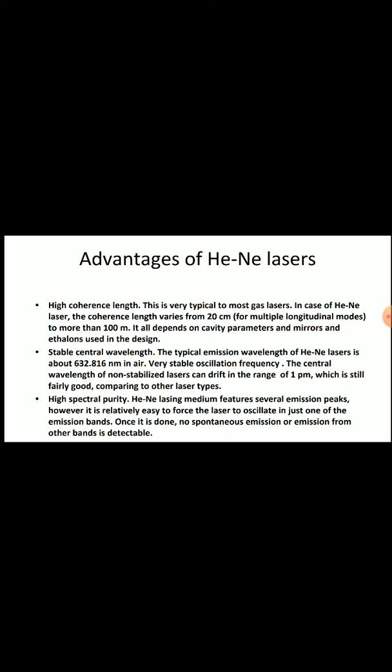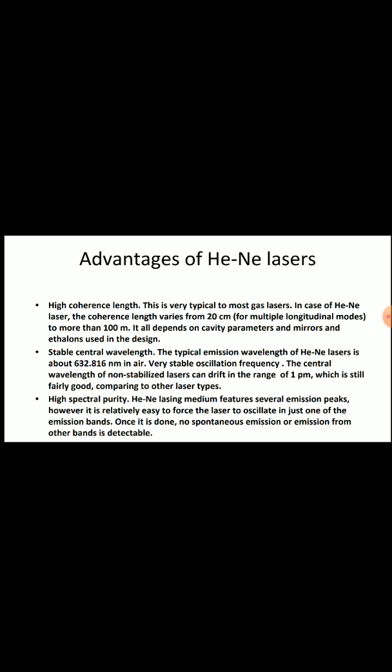The stable central wavelength: the typical emission wavelength of the helium neon laser is about 632.816 nanometers in air. But due to the presence of ρV, which we can discuss later, that is the radiation energy density, there is an interaction of radiation and matter, and there is a broadening of the laser beam.